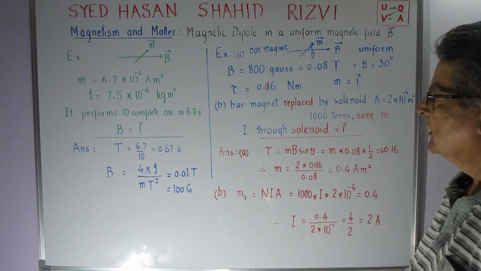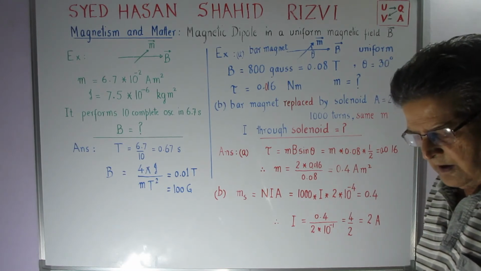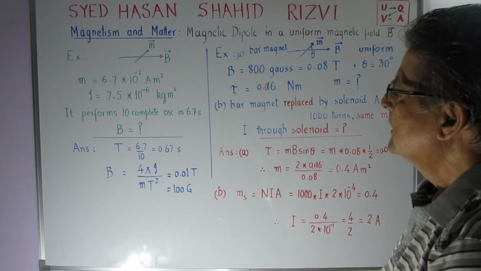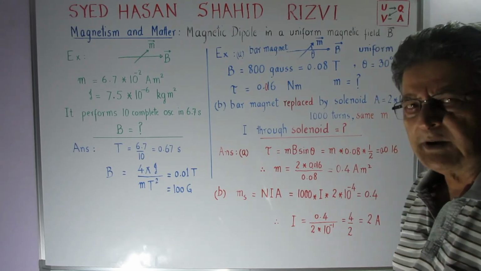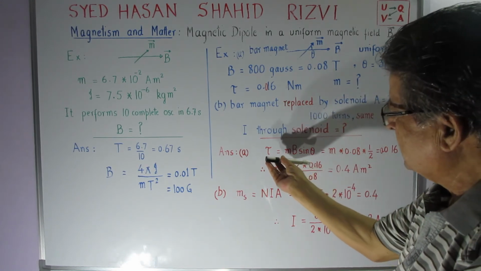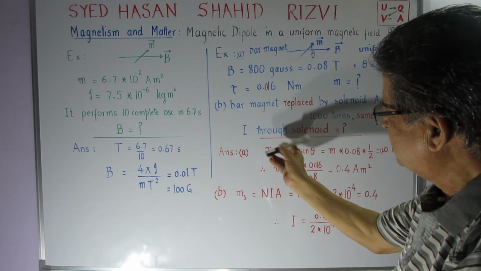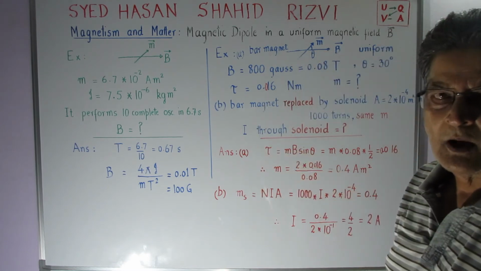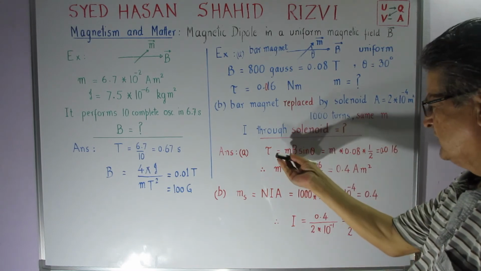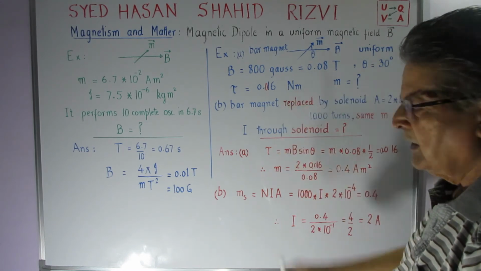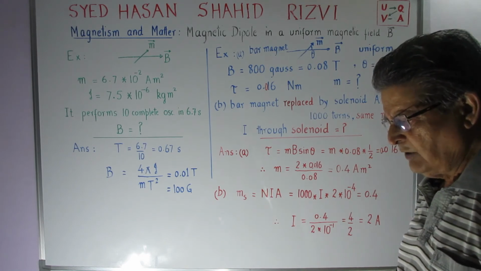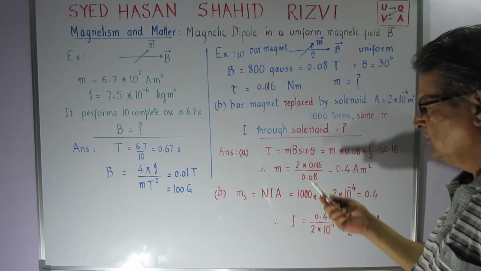So it's very simple. In other questions, if we are given the value of m and the value of B, we often ask how much work will be done if it is taken from this position to this position. All we have to do is calculate the value of U in the first position and the value of U in the second position, and subtract the first position value from the second position value, and you will get the result.